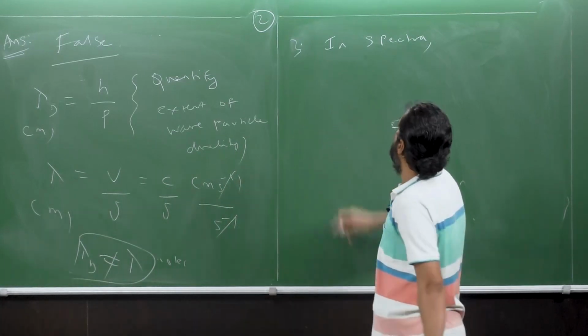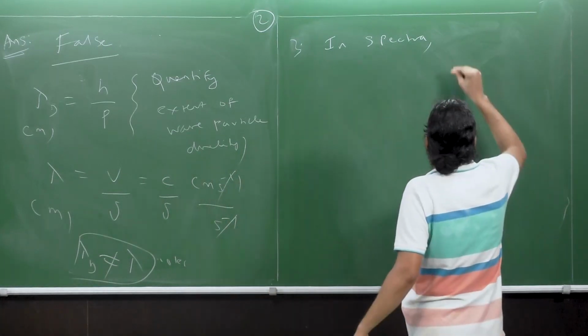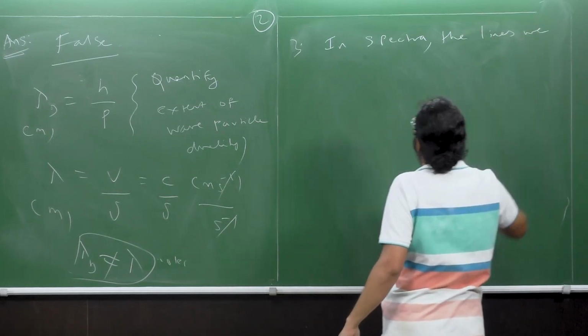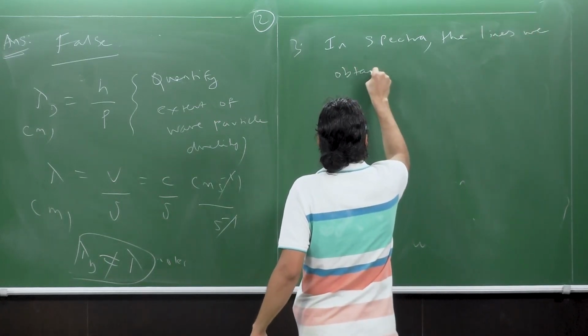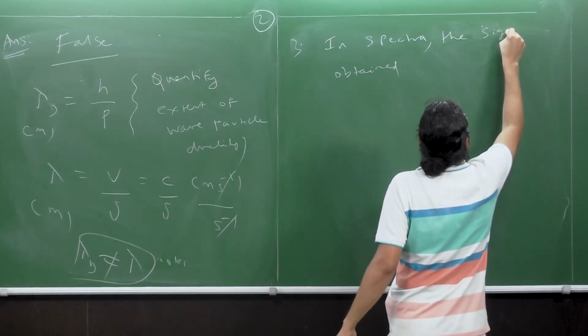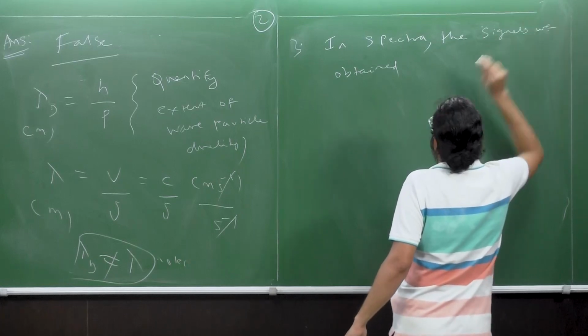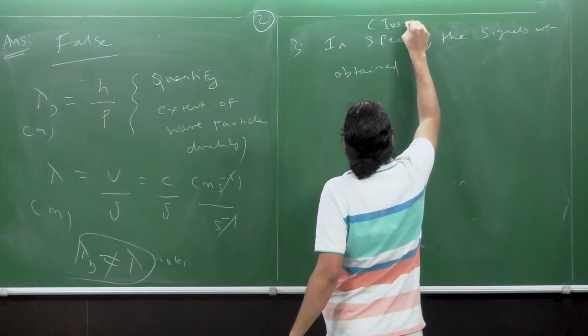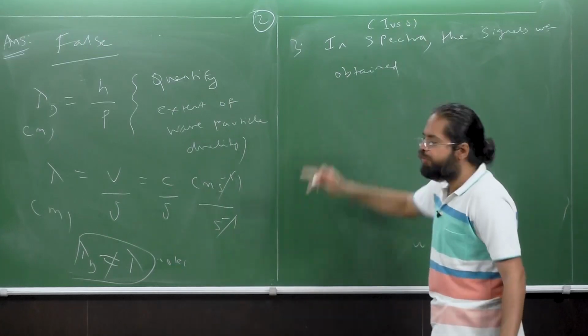So in spectra, the lines we obtain, or I'll put it this way, instead of lines, I'll call it the signals we obtain. I'm just writing nu for the sake of brevity.